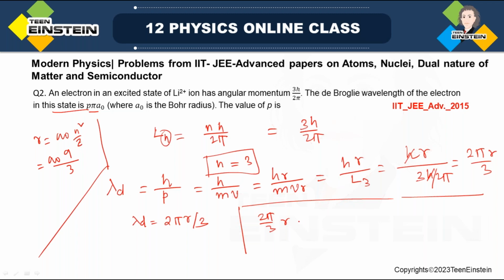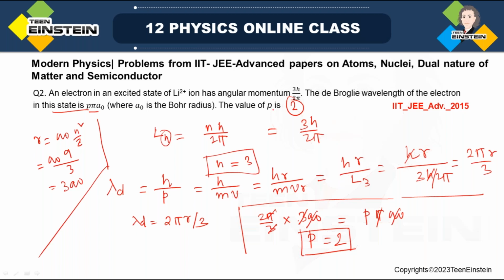In place of r we'll write 3 a0. So 2 pi by 3 into 3 a0, and it is here P pi a0. So pi goes off, 3 a0 cancels, and we get P is equal to 2. So the value of P is 2.